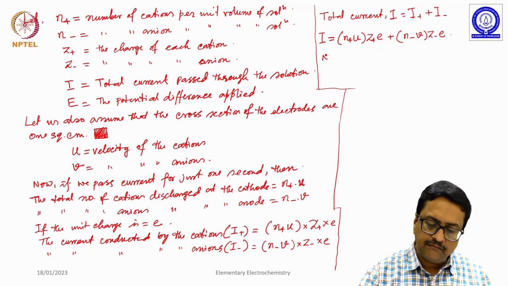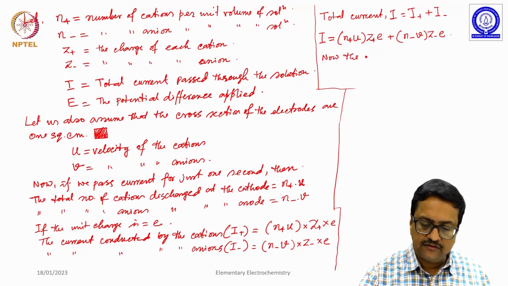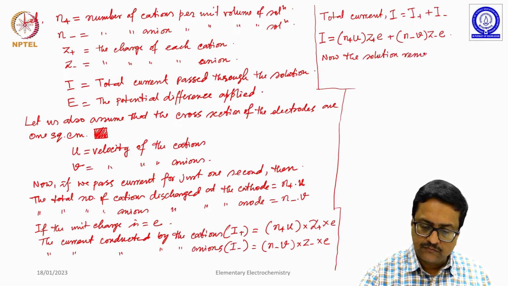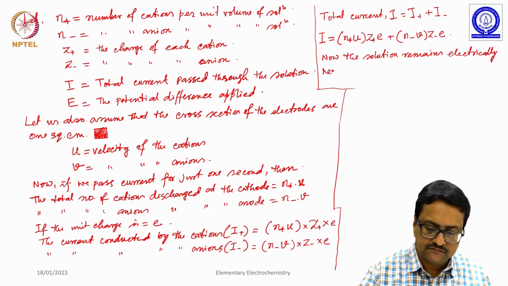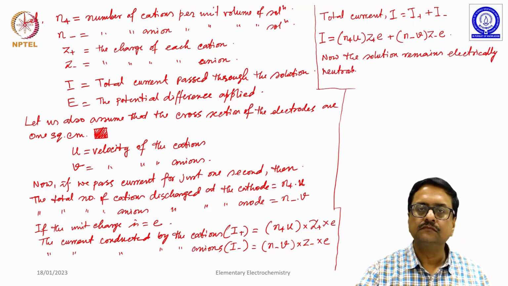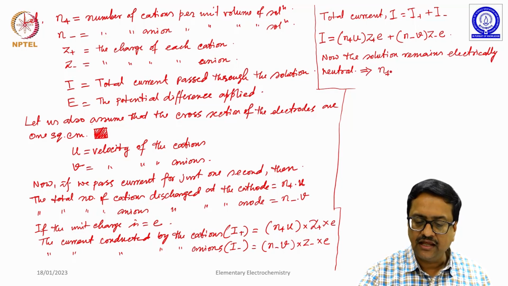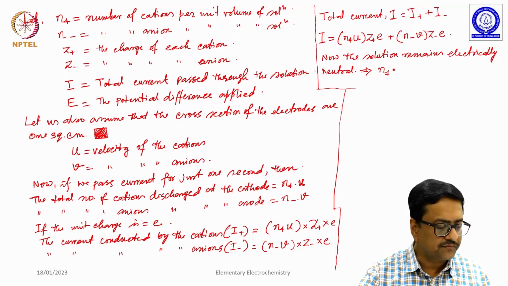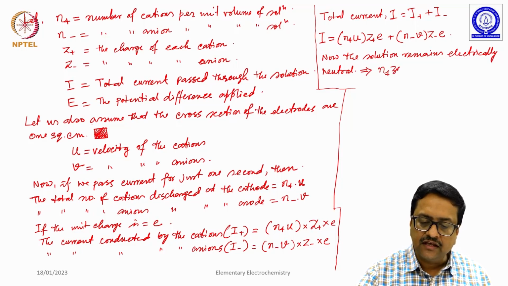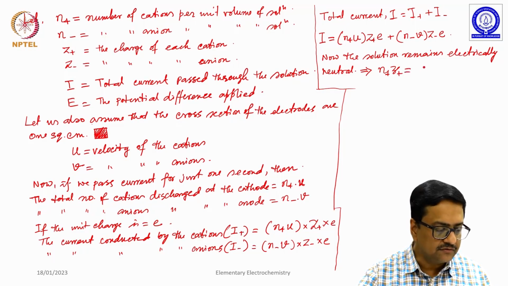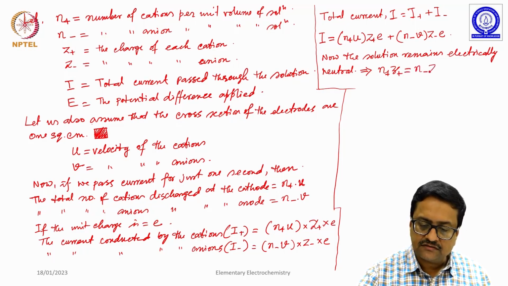Now, the solution remains electrically neutral. What does it mean? The electroneutrality means the charge carried by n plus amount of cations is n plus Z plus is equal to n minus Z minus.